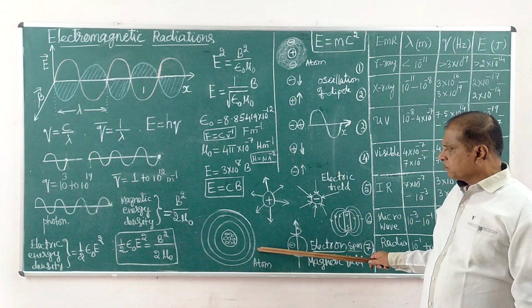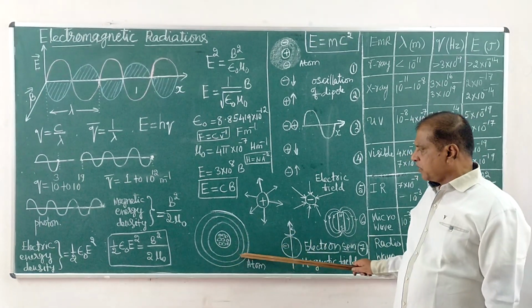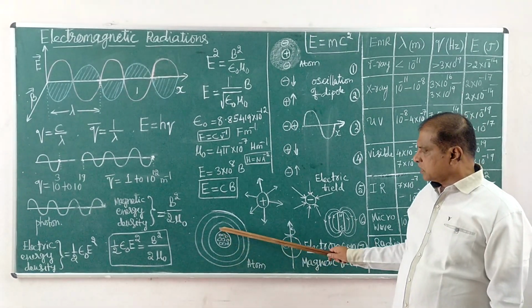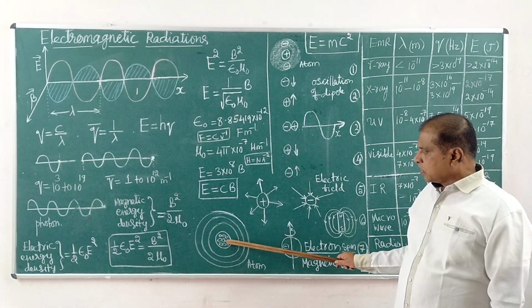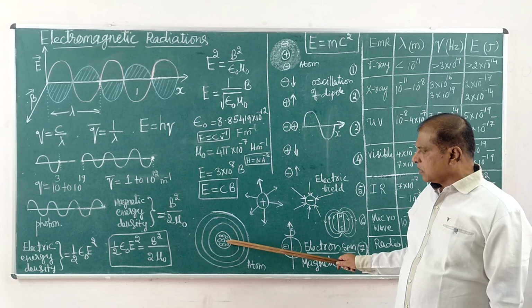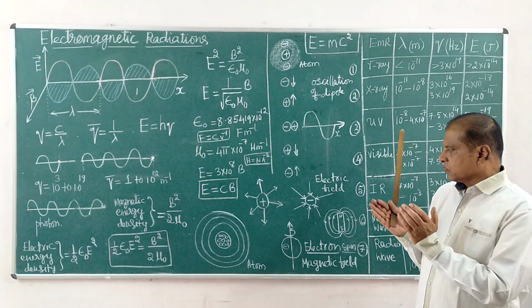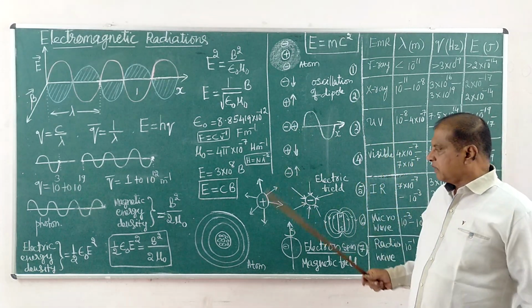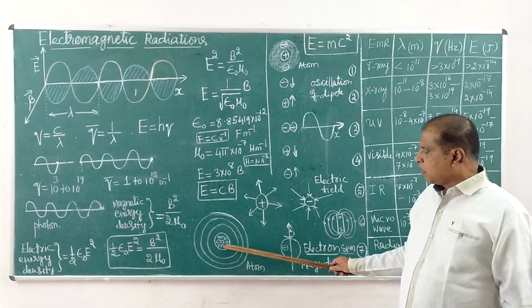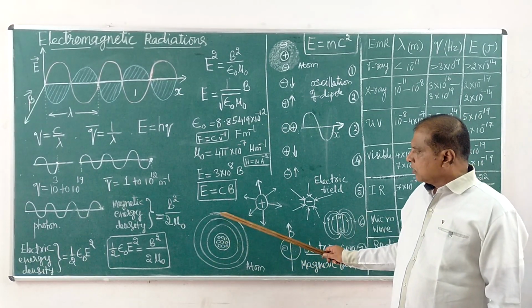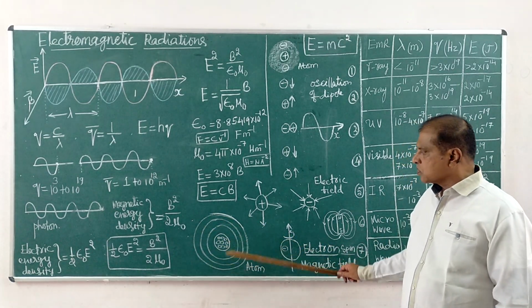What is an atom? Atom is spherical in shape. Inside, a small sphere is there, in which protons and neutrons are occupying, with a compact binding between them, in a very small volume compared to the volume occupied by the electron cloud, the electrons covering around the nucleus.